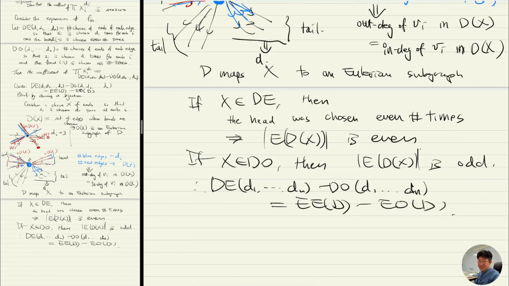Alright, so this is kind of magic, that if you know that the number of even Eulerian directed subgraphs is different from the number of odd Eulerian directed subgraphs in a directed graph, then you can use that to prove that a graph is L-colorable for certain L.